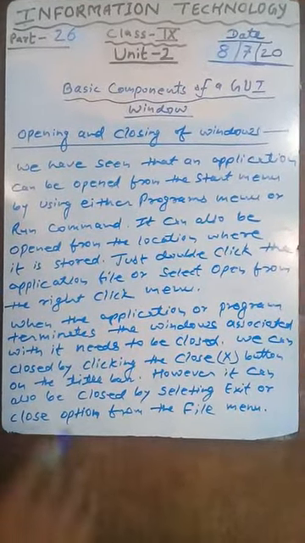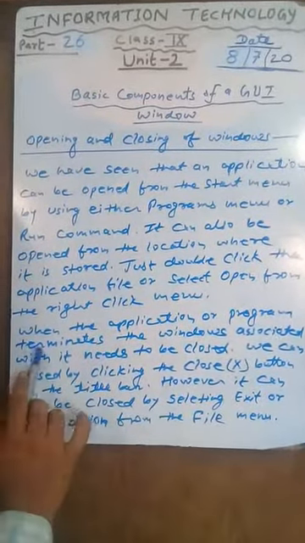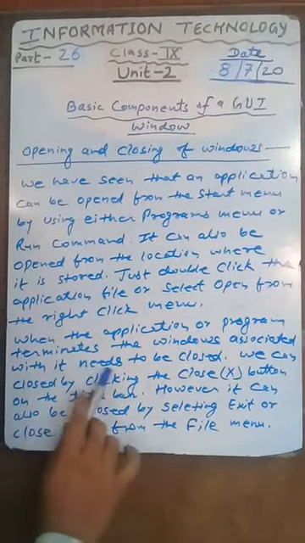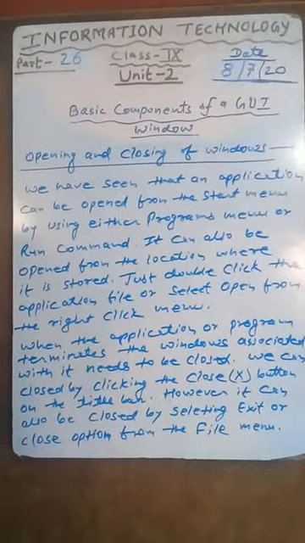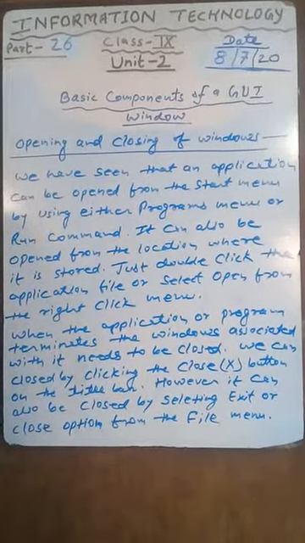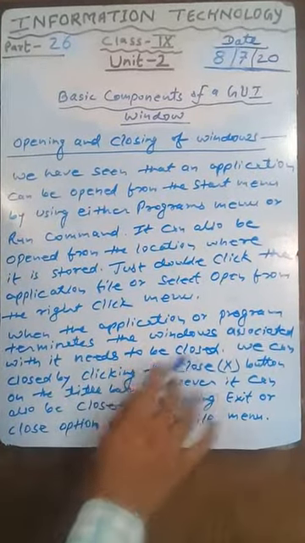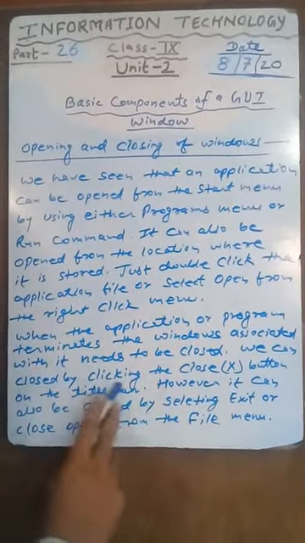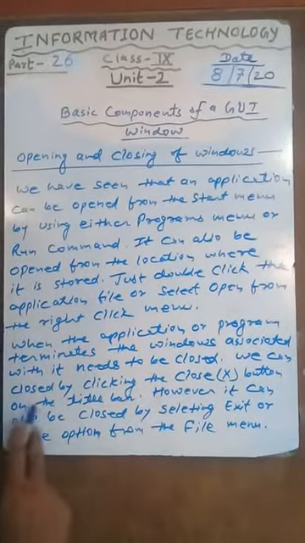When the application or program terminates, the window associated with it needs to be closed. We can close it by clicking the Close button, the cross button on the title bar.